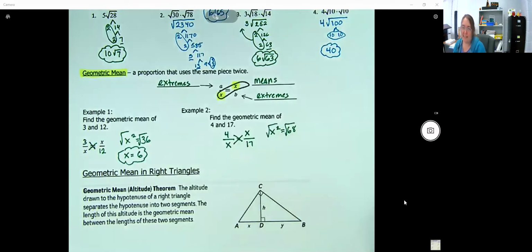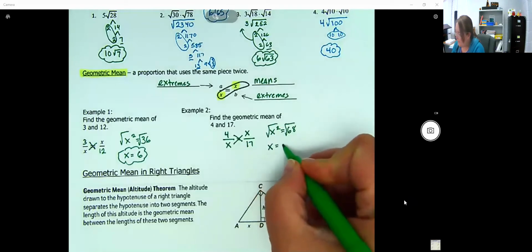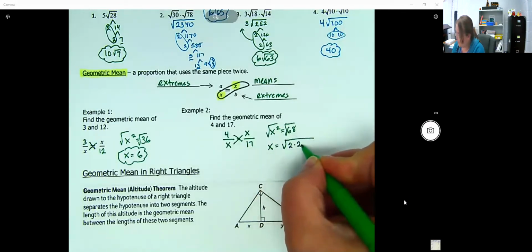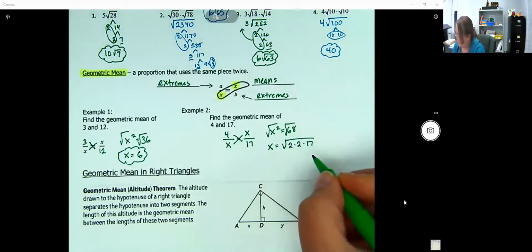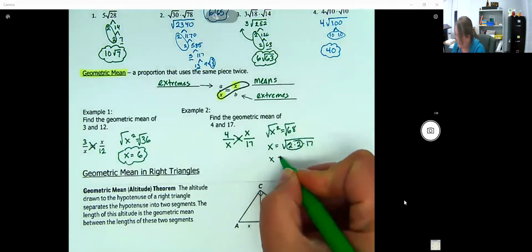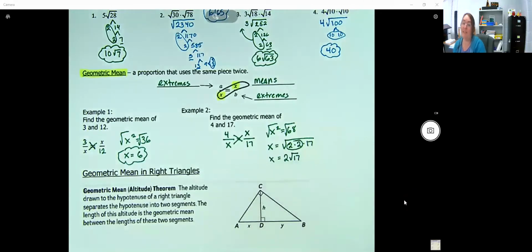Now, 68 isn't a perfect square, so we need to find the prime factors. We end up with x equals these prime factors, okay? So 2 times 2 times 17 gives us 68. And then we've got this pair of 2's that comes to the outside. So x equals 2 radical 17. So 2 radical 17 is the geometric mean of 4 and 17.